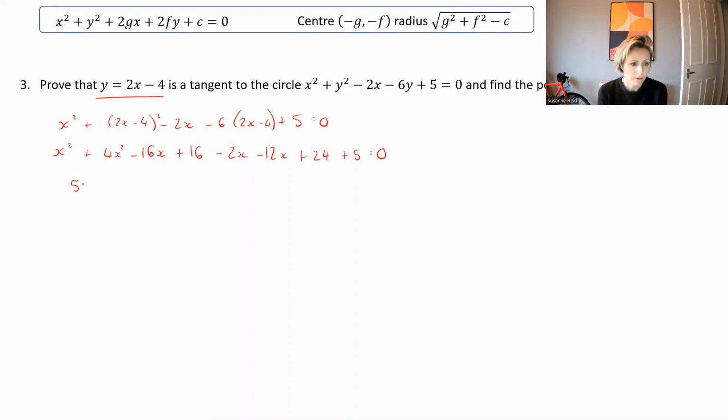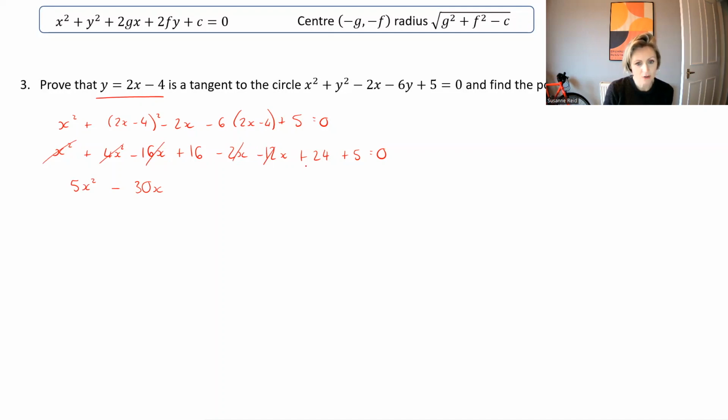So my x squareds, I've got 5x squared, so they're done. Then my x's, I've got negative 16x, minus 2x, minus 12x. So that is minus 30x.